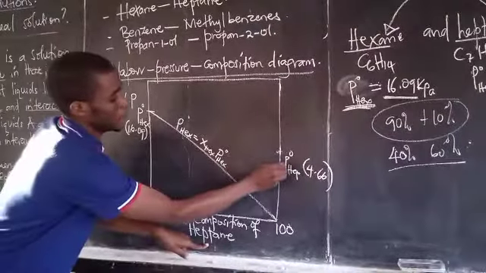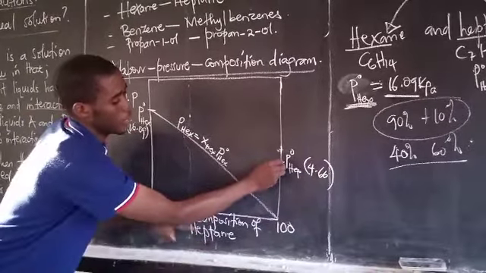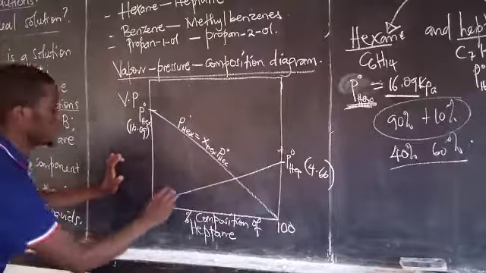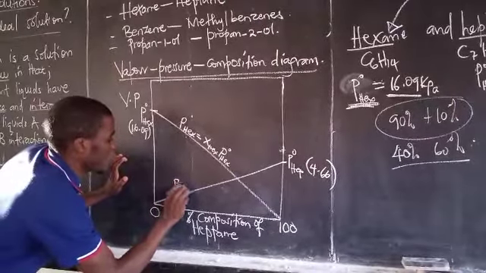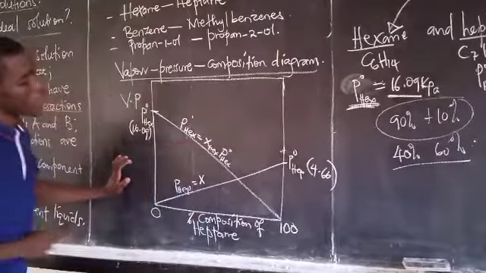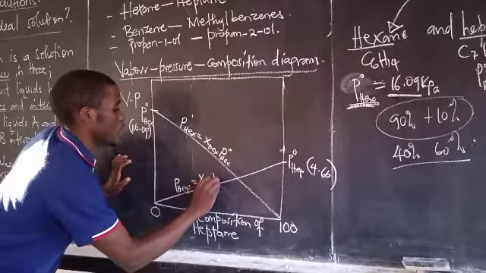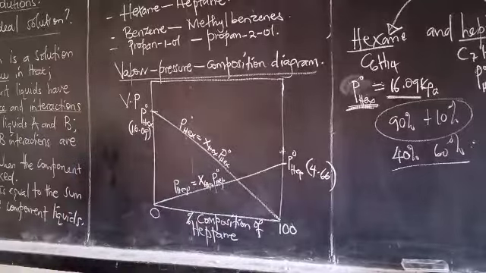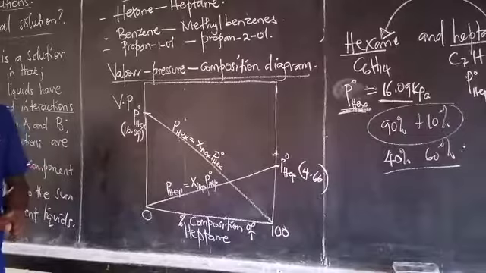So it means that it will be the same graph, but starting from the other side. And it will be like that. So this will be the variation of partial vapor pressure of heptane, which will be equal to the mole fraction of heptane times the vapor pressure of pure heptane. So that is how they will change.